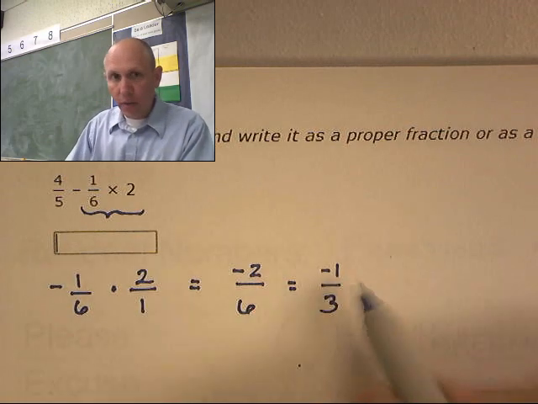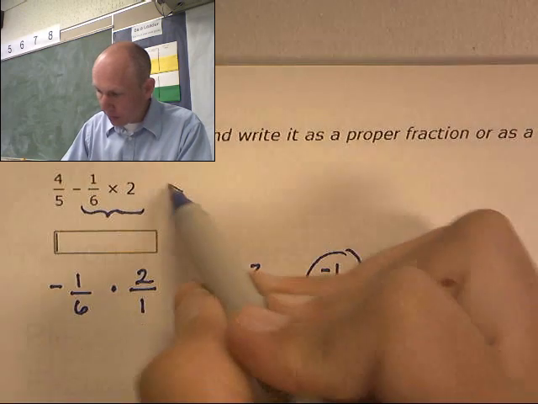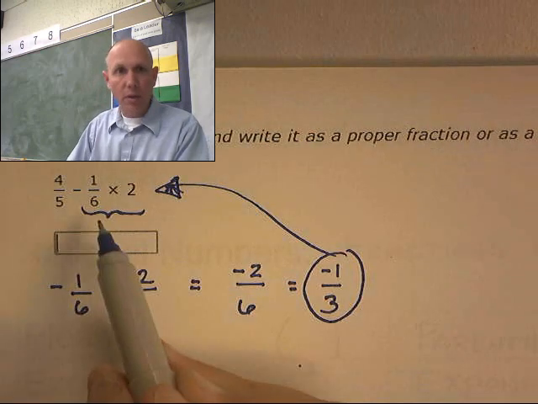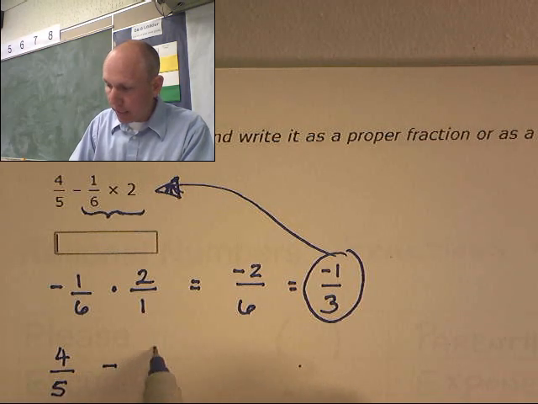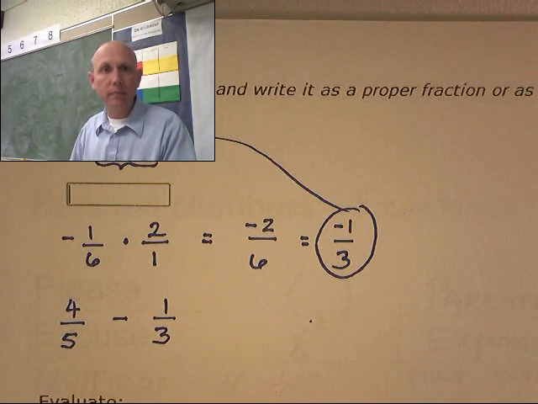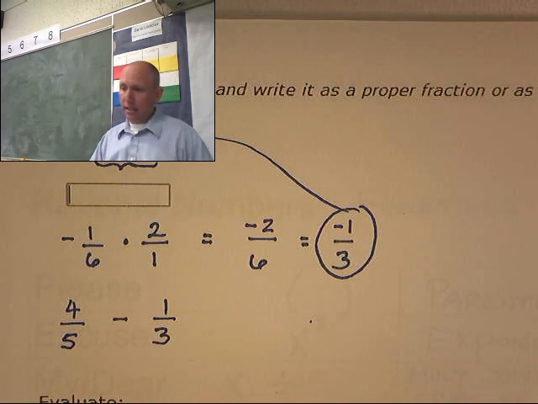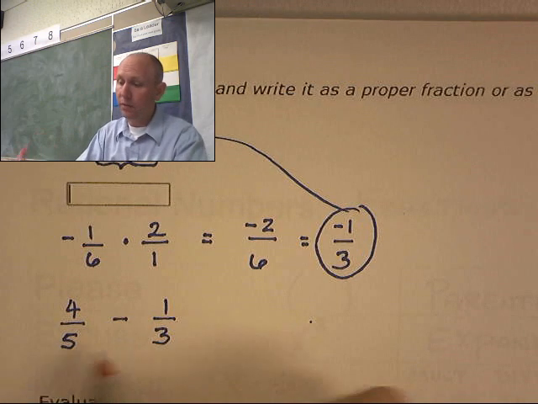So what do I have now? This piece right here, that negative 1/3, is what that turned into. So what do we have? We have 4/5 minus 1/3. Okay, I'm going to need a common denominator to make this work. Let's go with, let's see, 5, 3, 15. Turn everything into a 15.